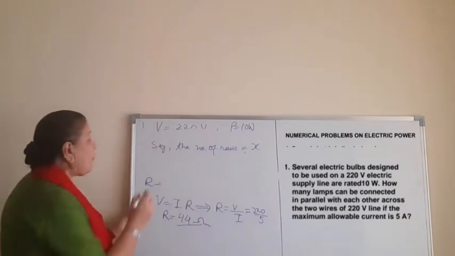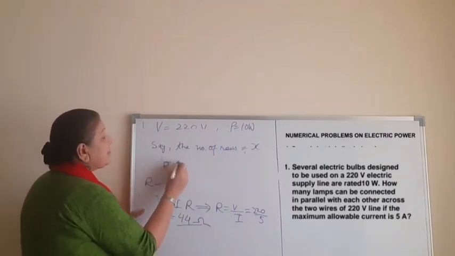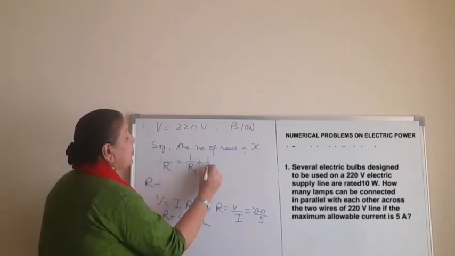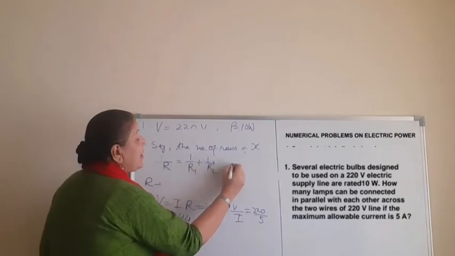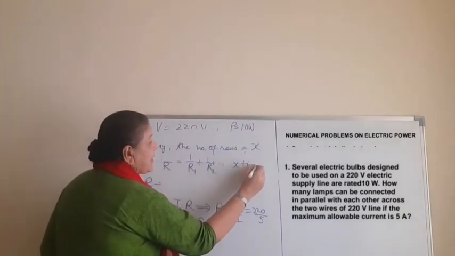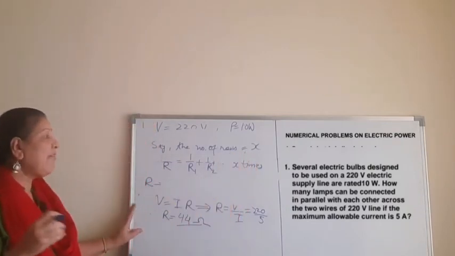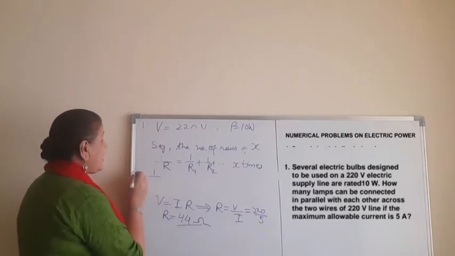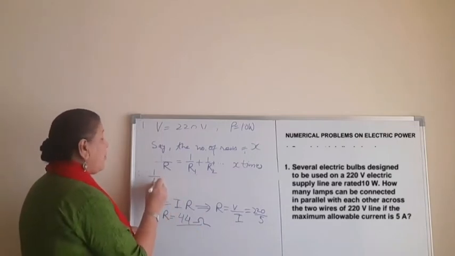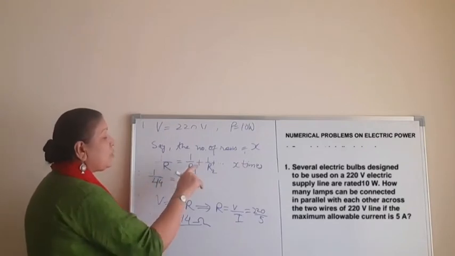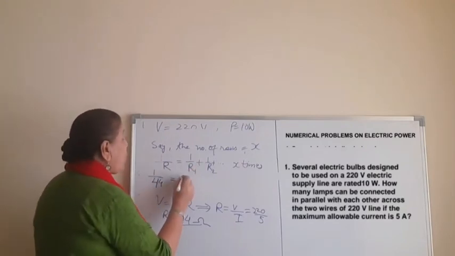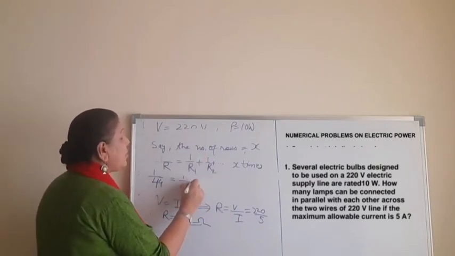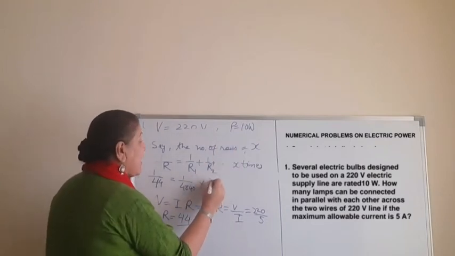Say it's X. Now we know that 1 upon R, the total resistance when they are connected in parallel, will be equal to 1 upon R1 plus 1 upon R2 plus, till X times, because X numbers are there. So the total resistance we found, 1 upon 44, is equal to, all are same resistances, so 1 upon R1 was 4840 into X times.